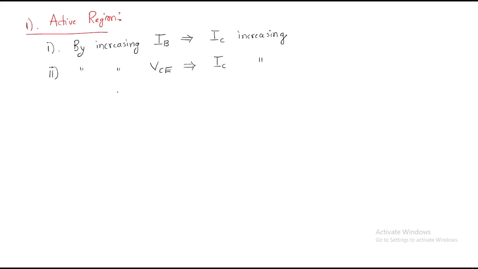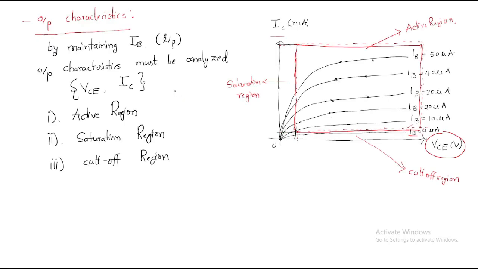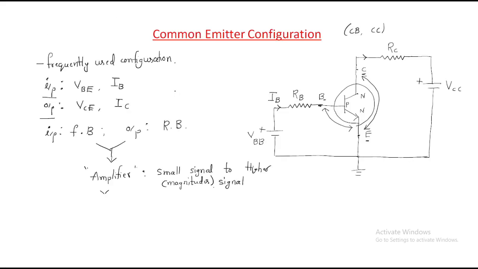Why does it increase? By observing the curve, we can see that increasing VCE means we increase VCB plus VBE. How? Look at the diagram. The voltage between collector and base, VBC, combined with the voltage between these two points.